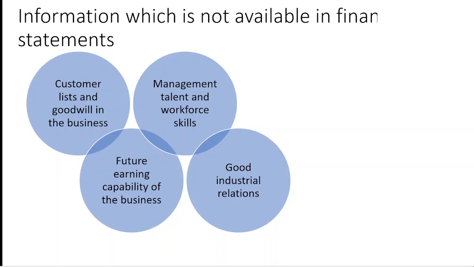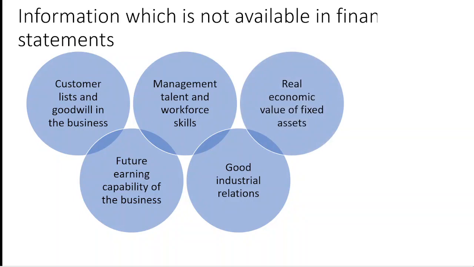They may possess a very high consumer list, a very good talent pool, or very good industrial relationships in their business, which may help the company generate more profitability in the future. But this information is not available in the financial statements. You will not be able to understand it from there.